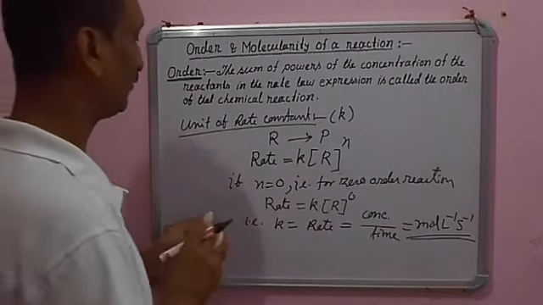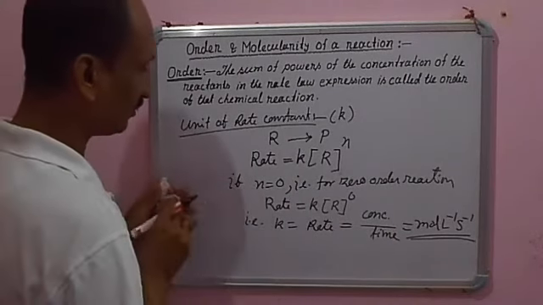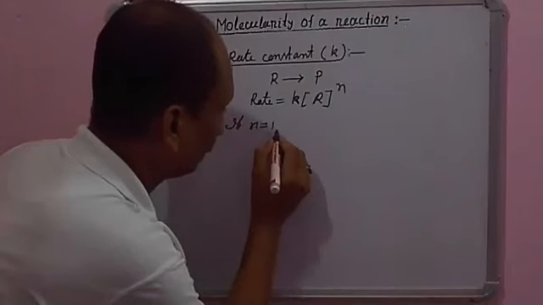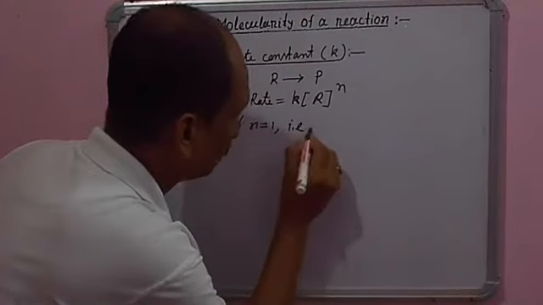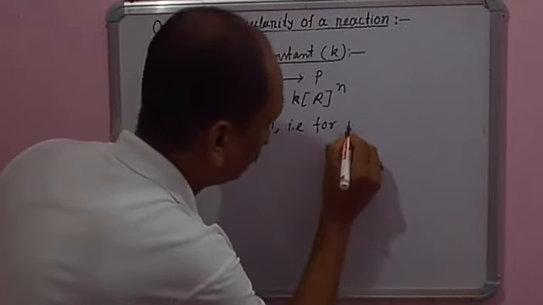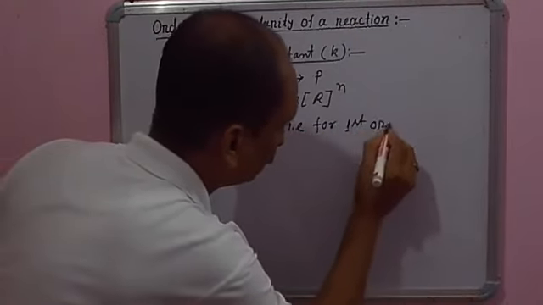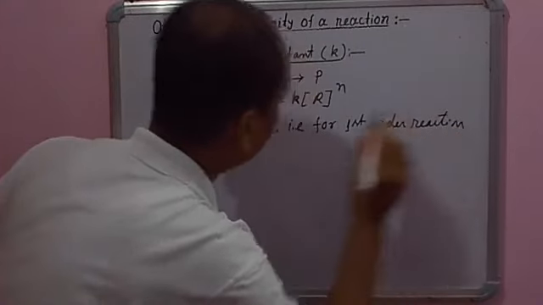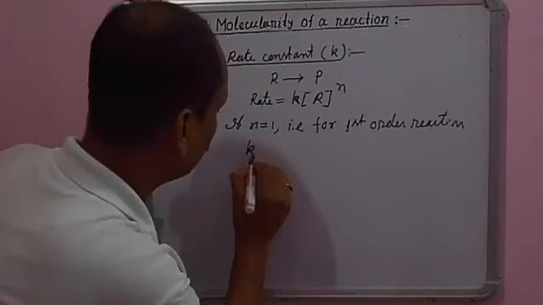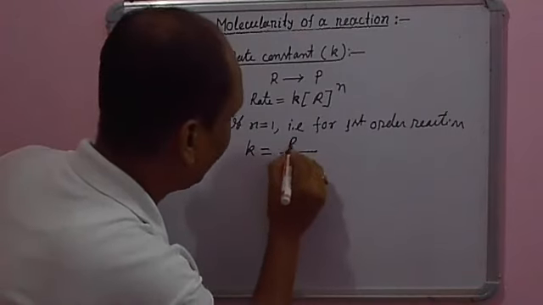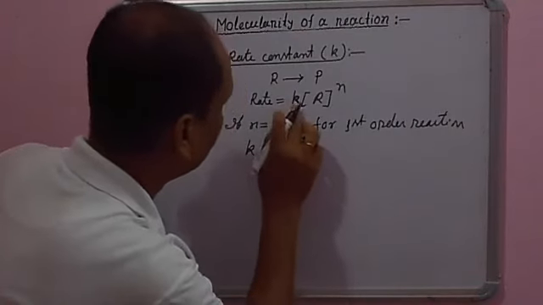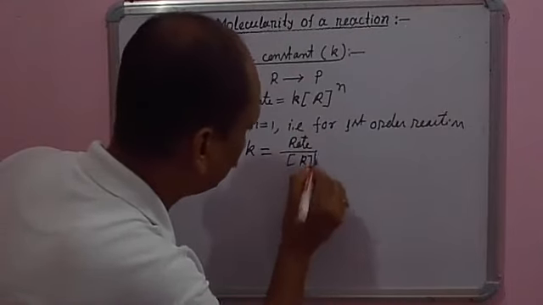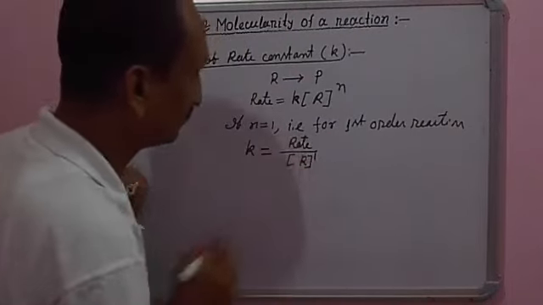Similarly, for the first order reaction, if n equal to 1, K will be equal to rate divided by concentration of R to the power 1, order is 1.